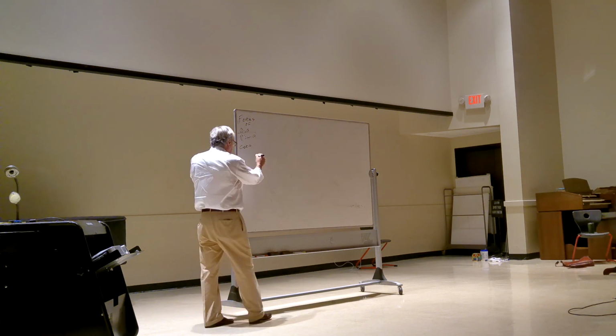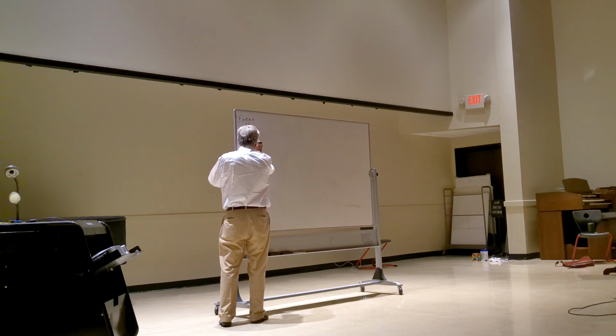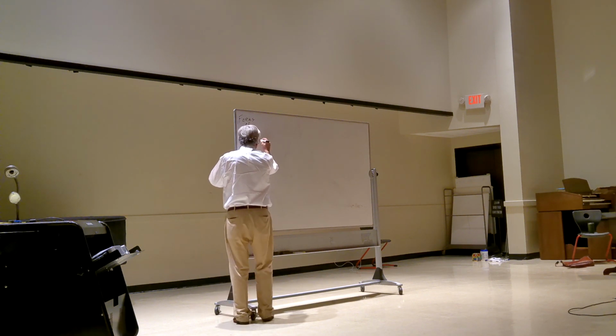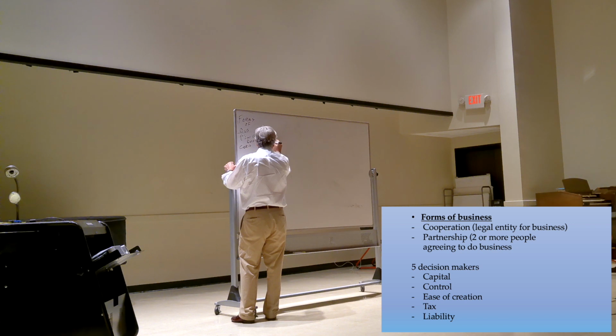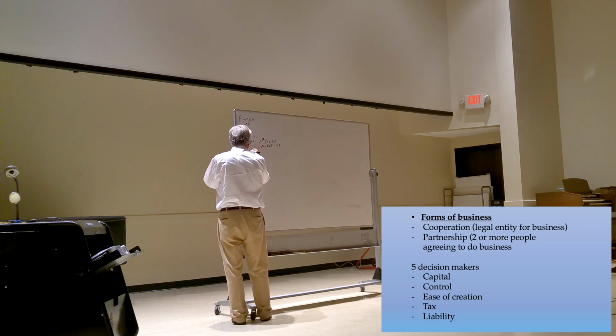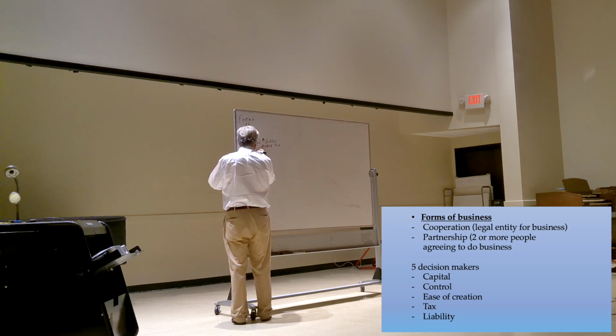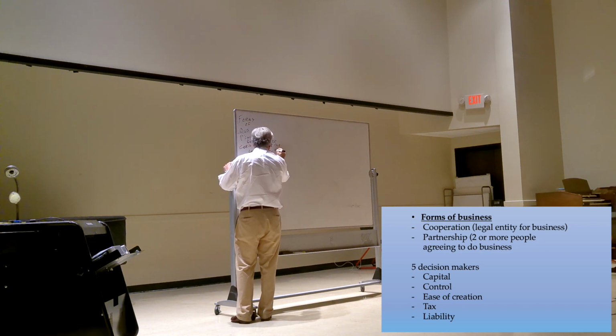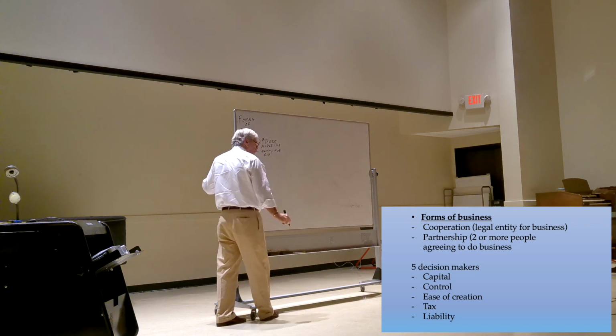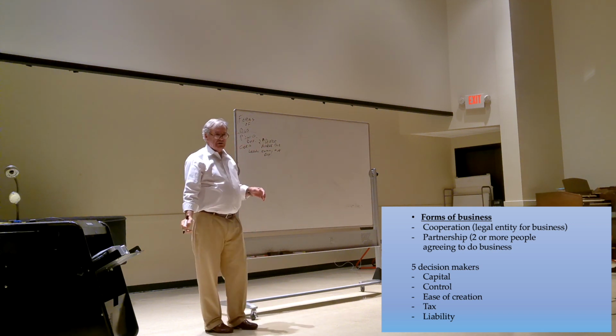One of the things you can give me is the definition. A definition of a partnership is 2 or more people agree to do business. The definition of a corporation is a legal entity or business. So you slip that sentence in there and your grade goes up.